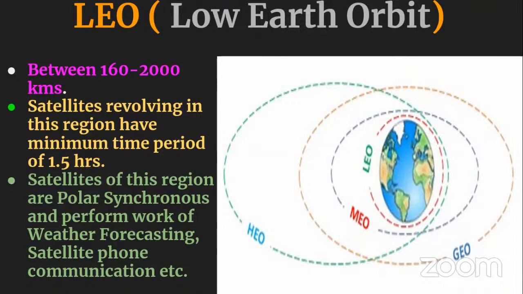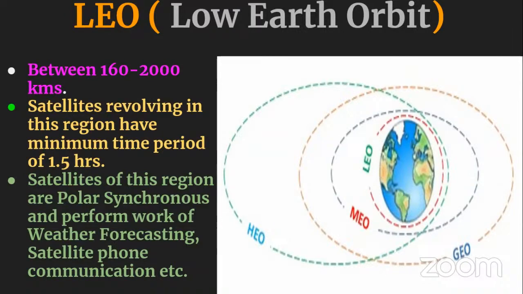So within 24 hours, they will revolve around the Earth more than 5 to 6 times. Again, the satellites in the LEO orbit are generally polar synchronous. So in 24 hours, they go around the Earth more than 5 times in a day.